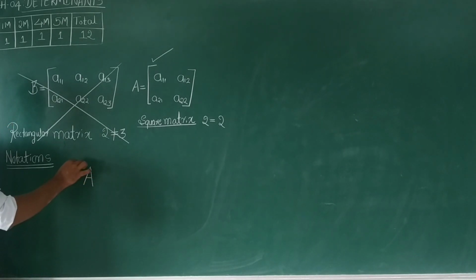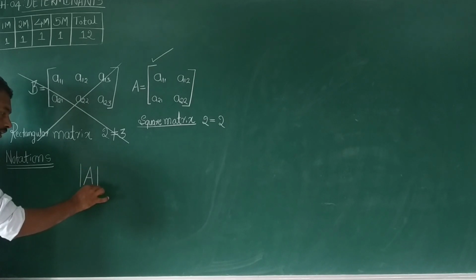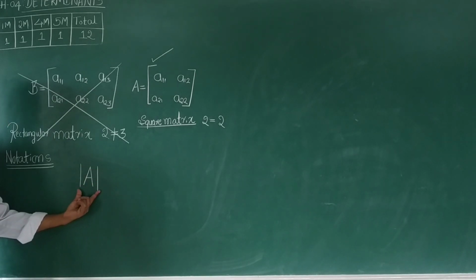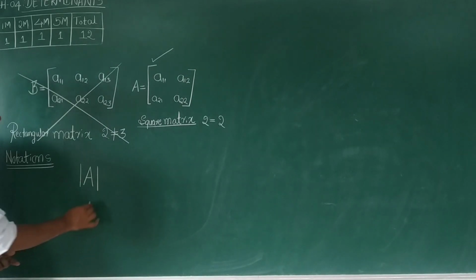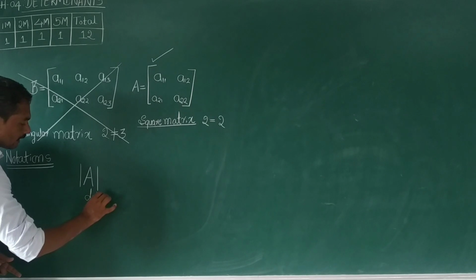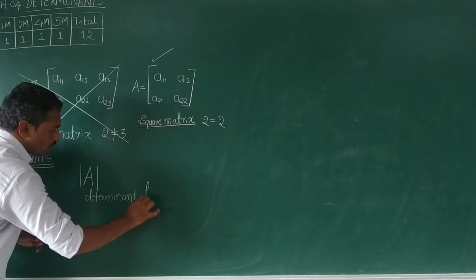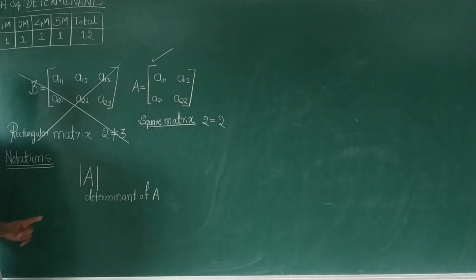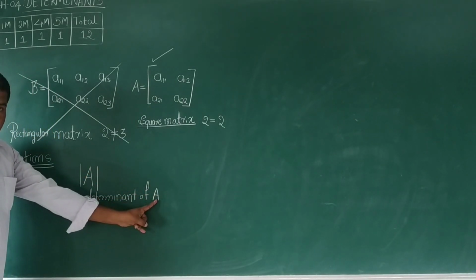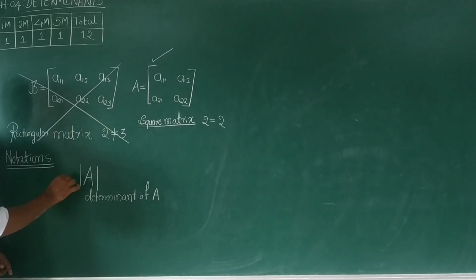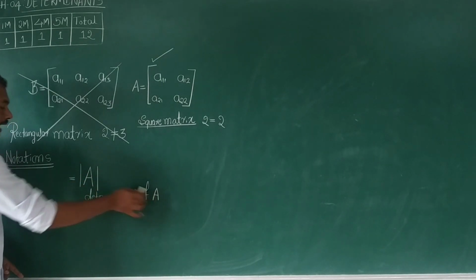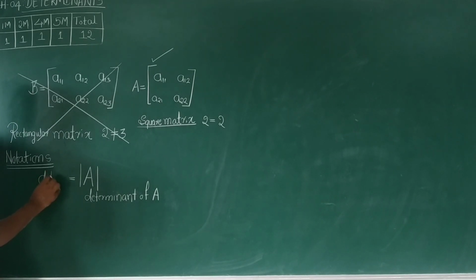If I write that A within vertical bars, we get a new notation that is read as determinant of A. Also, we can represent the determinant of A as det of A. Here these 3 letters are the first 3 letters of the word determinant.